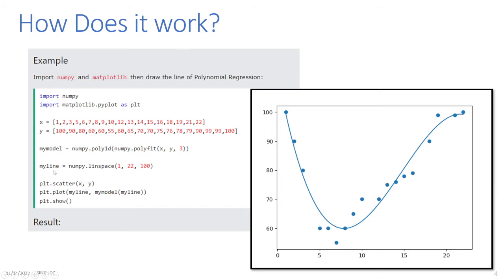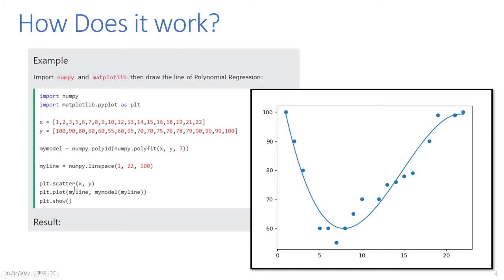And then my line, this will represent some sort of the x-axis here. It's numpy.linspace, starting from 1 up to 22 and with 100 points. So we'll be using 100 points to plot the polynomial.